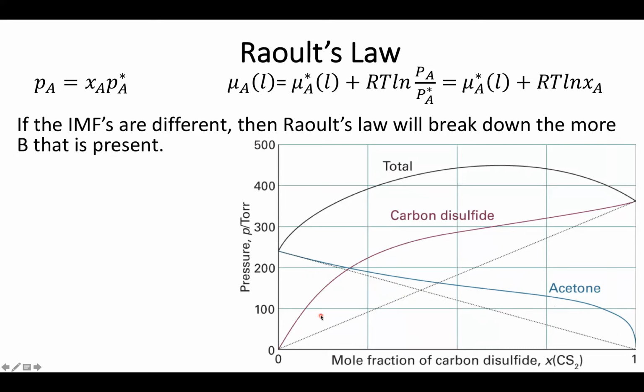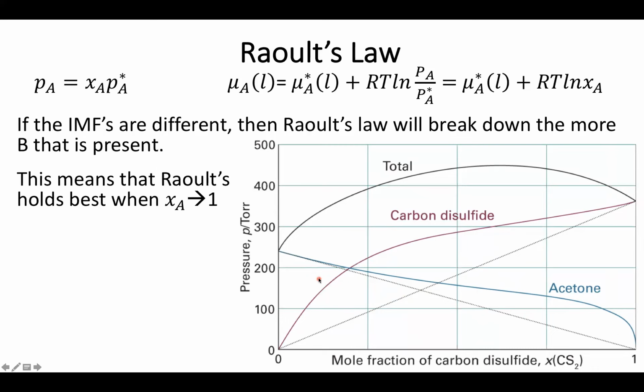I'm going to go ahead and get out of town, and it's going to become more volatile. And this essentially is a fairly uniform scenario, that a system is going to behave most according to Raoult's law when it's the only thing present. So carbon disulfide is going to behave closest to Raoult's law when it has the dominant mole fraction, and the same thing here for acetone.